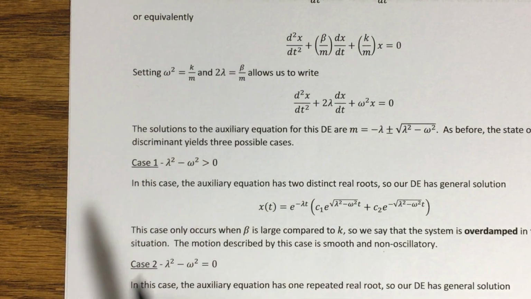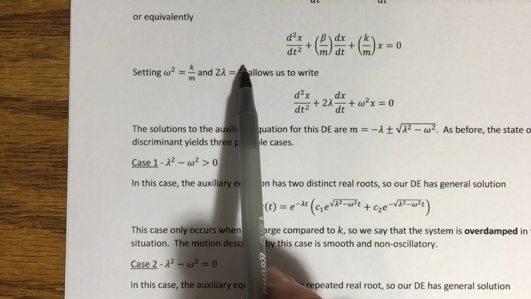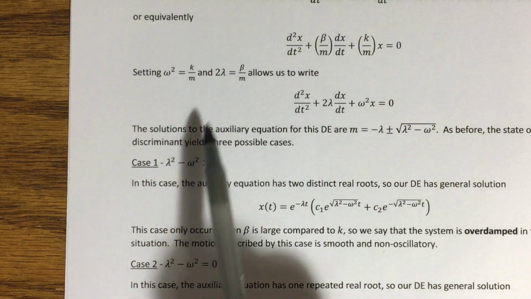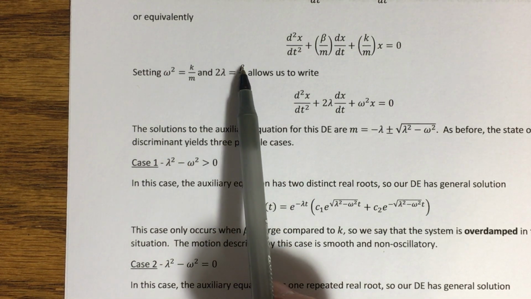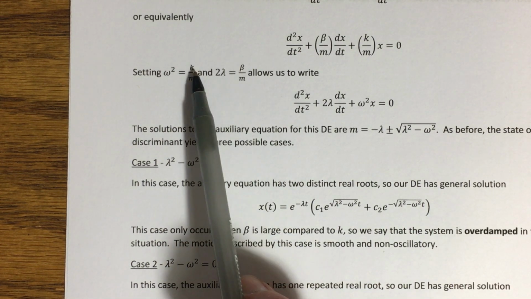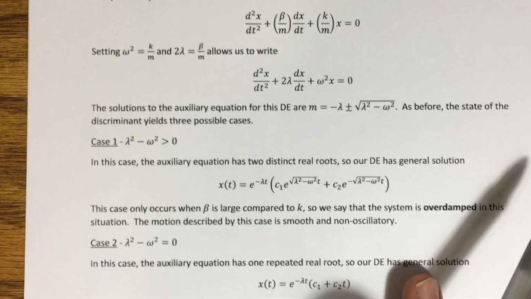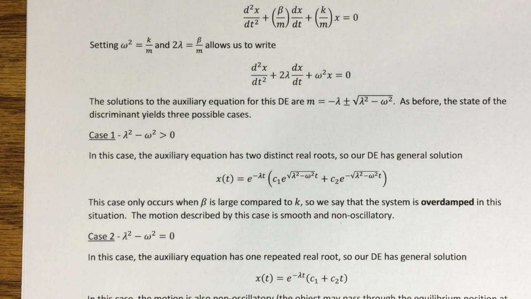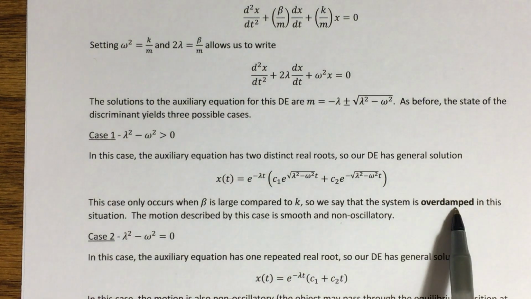So beta is a measure of how strong your damping force is. So we think of these two numbers as kind of being in competition. If lambda is the greater of these two, what that means is that beta is large compared to k, which means your damping force is large compared to your restoring force of your spring, hence the name overdamped.